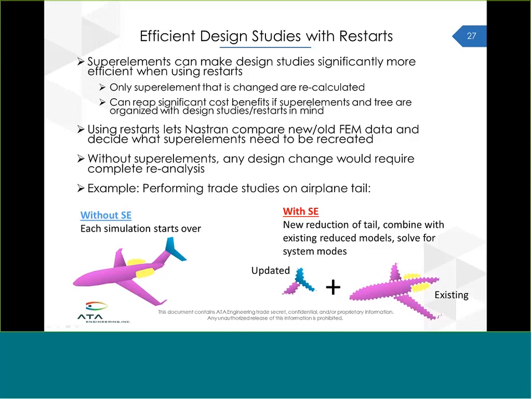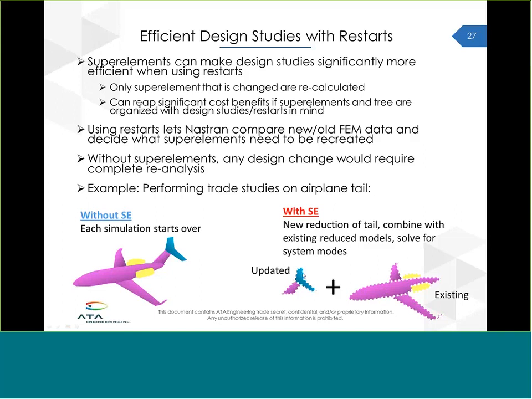So you just go into your deck and you just change a spring stiffness and you say, I'm going to use a restart. What Nastran does is it'll look at this wing and say, hey, has anything changed? Have you changed anything in this wing? And if the answer is no, then it'll say, okay, well, I have already reduced this. I'm going to go grab that from my master or dball database. So it doesn't have to re-reduce the wing. And it goes across the whole model and looks at each superelement individually.